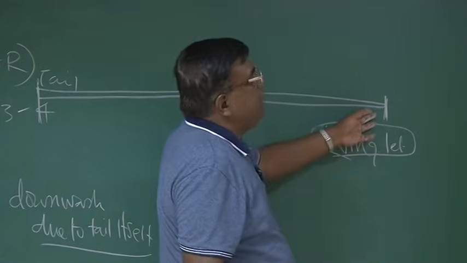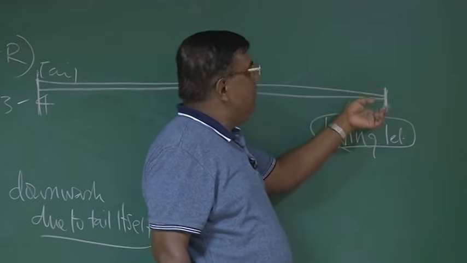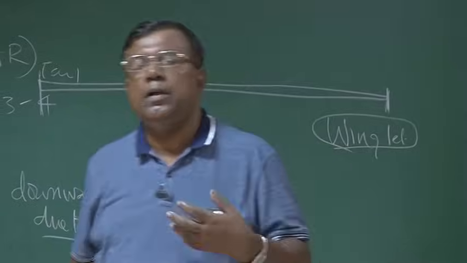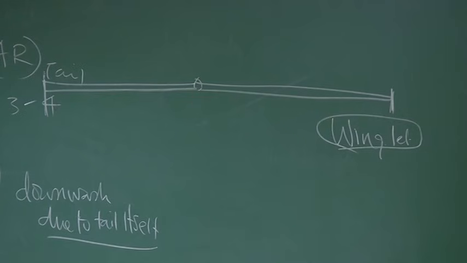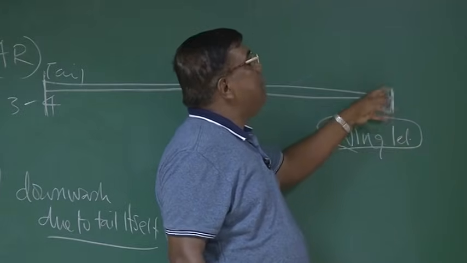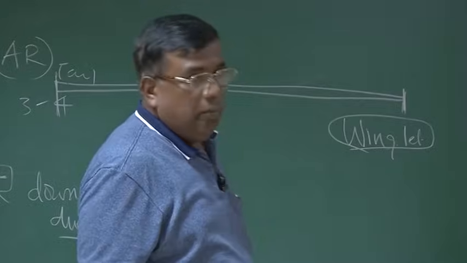So that physically stops the interaction of higher pressure and lower pressure. So whatever is to be formed will almost be diminished, right? But suppose you are putting this winglet, there is a penalty because there is some drag because of the winglet itself. Okay? So you have to again optimize it.